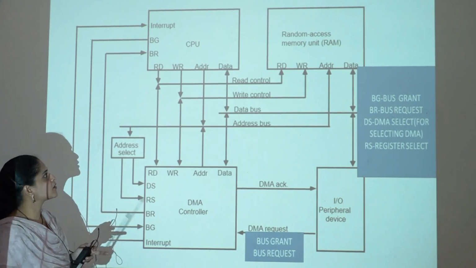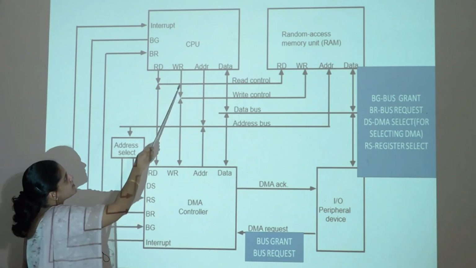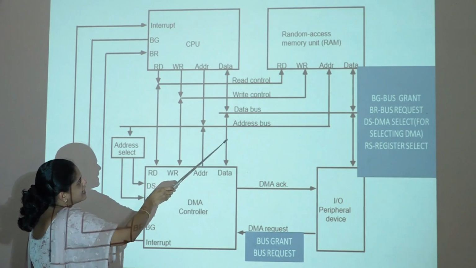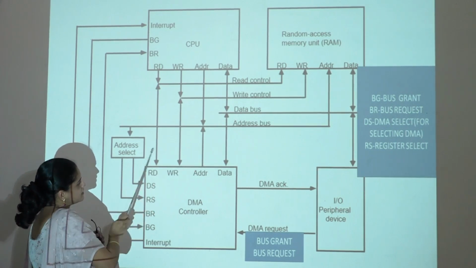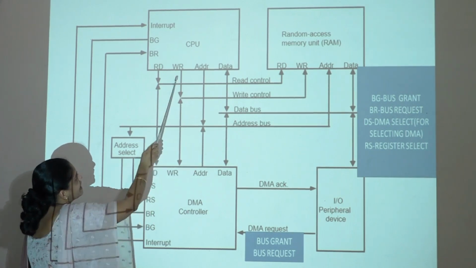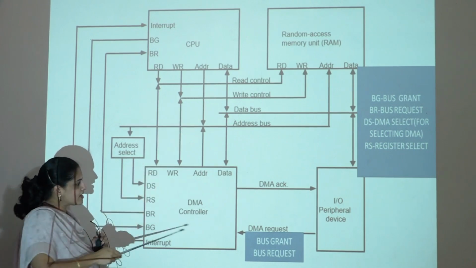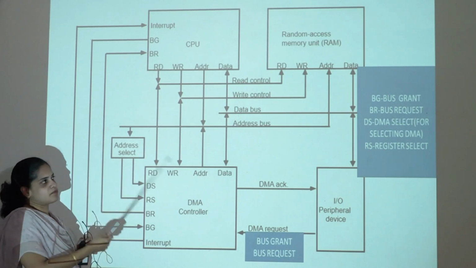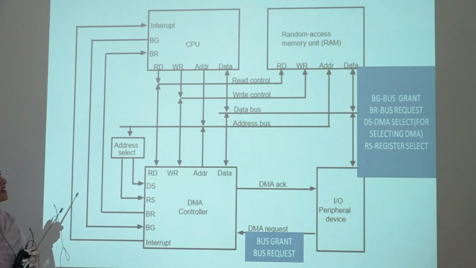You can take the control back. So in that case, the CPU will now invalidate the address, control and data lines of this particular DMA controller, and it will enable the lines. Now that the data transfer has been completed, the control of the bus is given back to the CPU. So this is how a DMA transfer works.